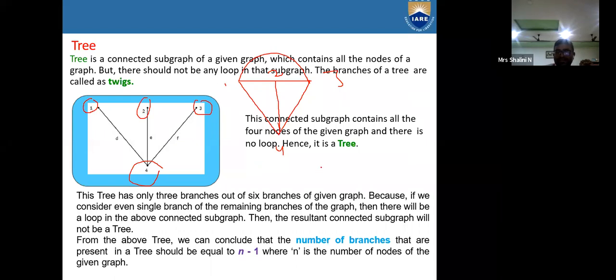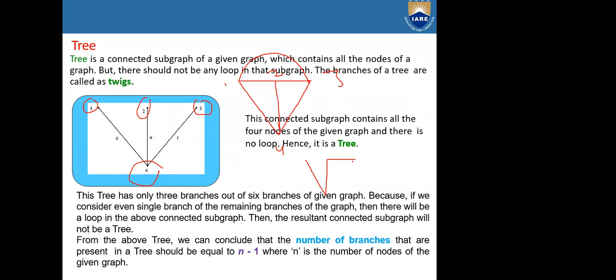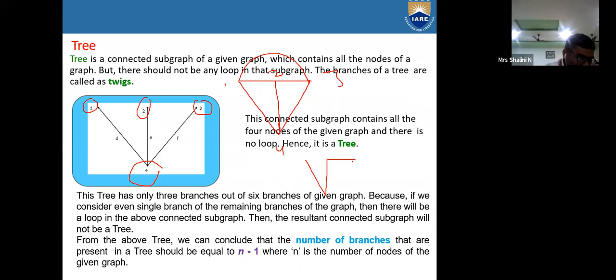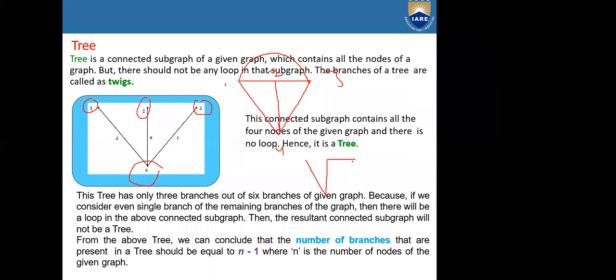Otherwise, what is the next one? Tell me, anybody. 1, 4, 2, 3. It is also a tree. Can you understand? Yes, sir. Out of all 4 nodes, we can draw any 3 lines, sir, is that what you are saying?